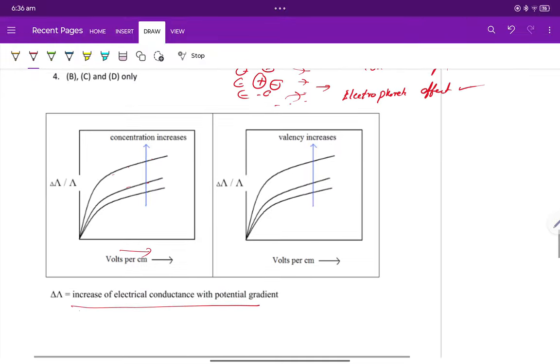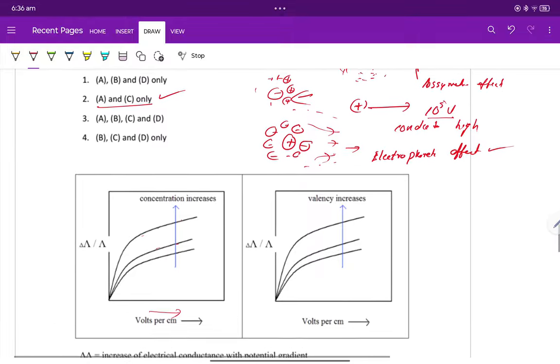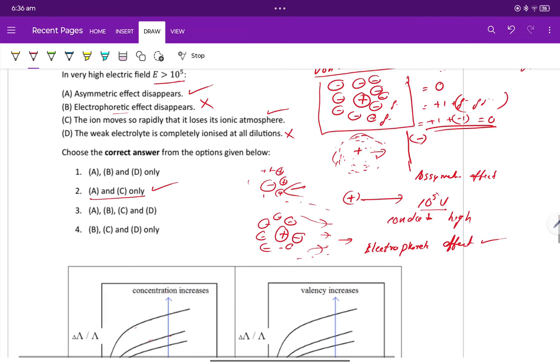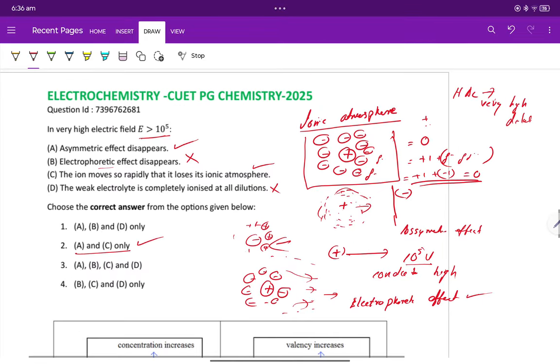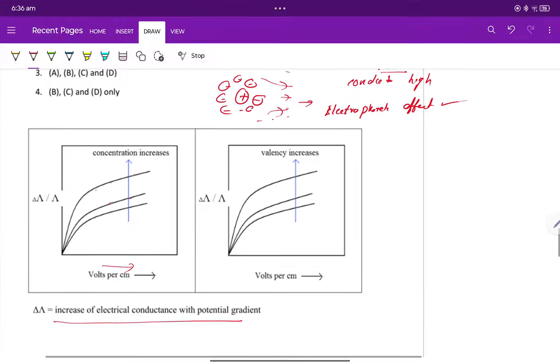For the last option, if you go to a potential of 10 to the power of 8, not 10 to the power of 5, the weak electrolyte will be completely dissociated. But since here we have given only an electric field of 10 to the power of 5, that effect is called the second Wien effect. Just remember, there may be a question from that also.